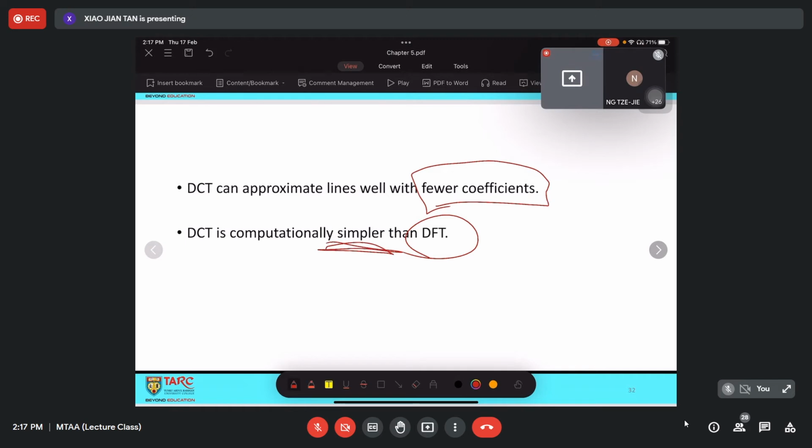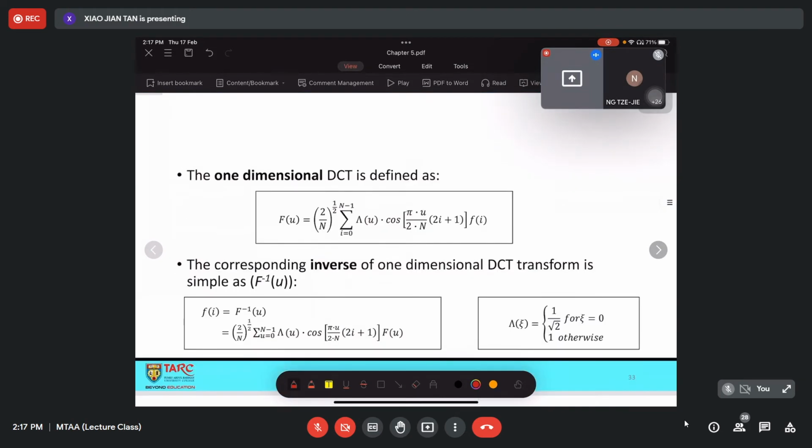Because you have to know, although we say we only compress one image, when we compress an image, we are dealing with all the pixels. In one image, although the image is very small, we have many pixels, like maybe 200 times 200, you have more than 1,000, maybe 10,000 pixels. So to simplify the computation is very important.